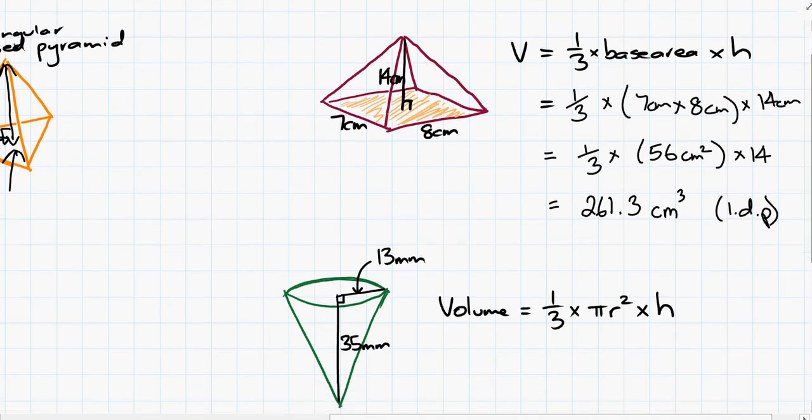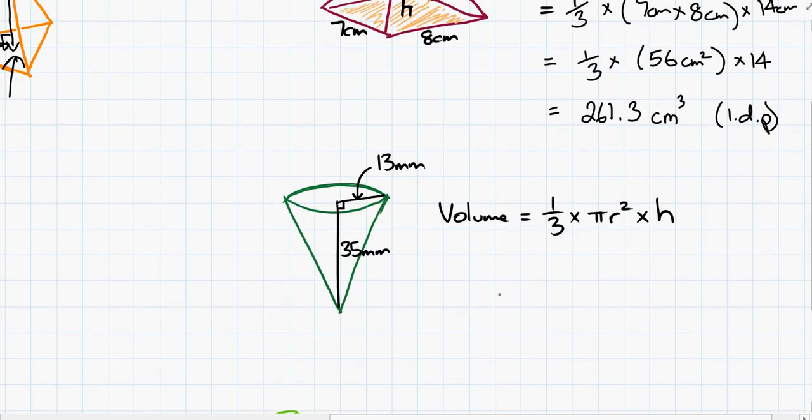Okay, second example, we're looking at the volume of a cone. So we need to work out the area of that circular base there. We know what the radius is, it's 13 millimeters. So that would be pi times 13 squared, and then the height is 35 millimeters.